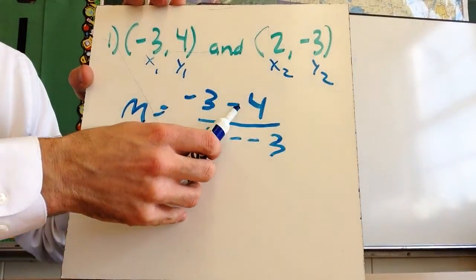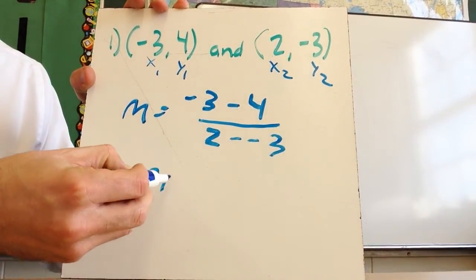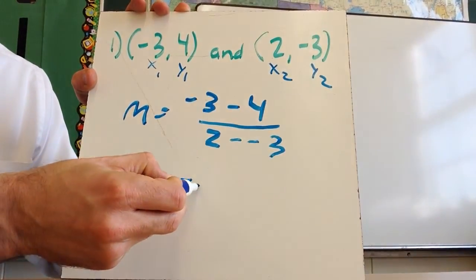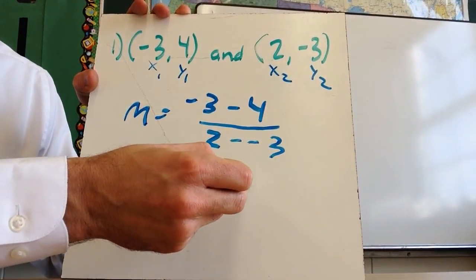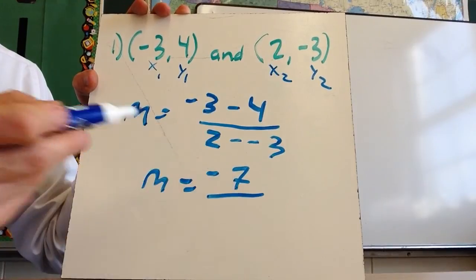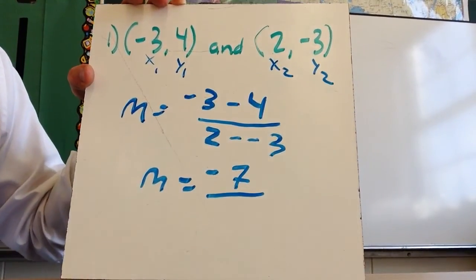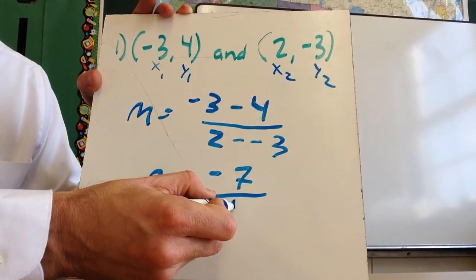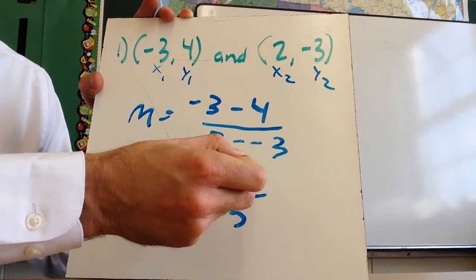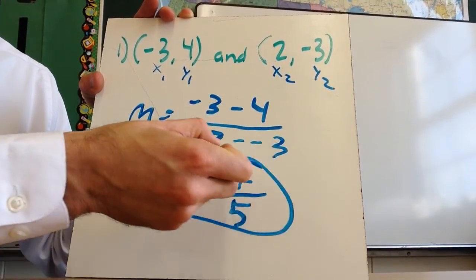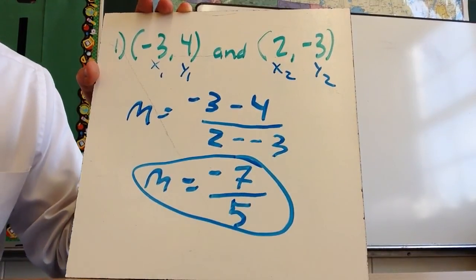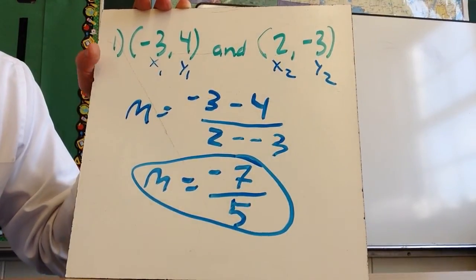Negative 3 minus 4 is not negative 1. Negative 3 minus 4 is negative 7. And then 2 minus negative 3: two negatives become a positive, so this is really the same as 2 plus 3, and so this would be 5. So my slope would be negative 7 over 5, negative 7/5.